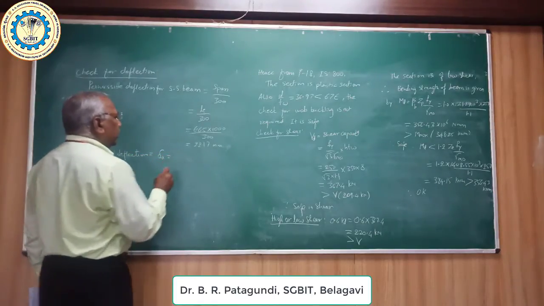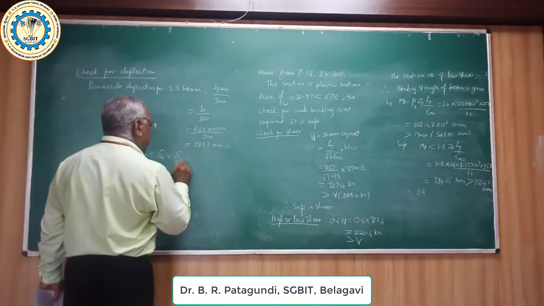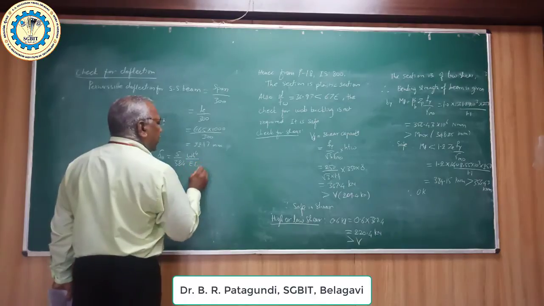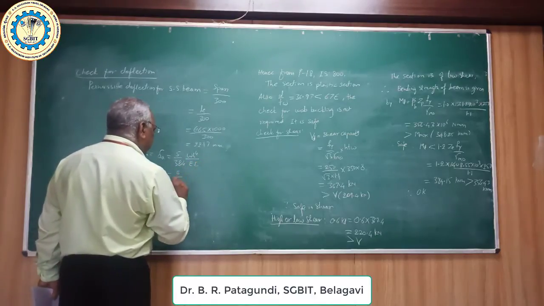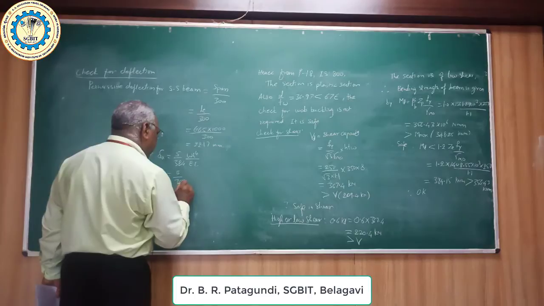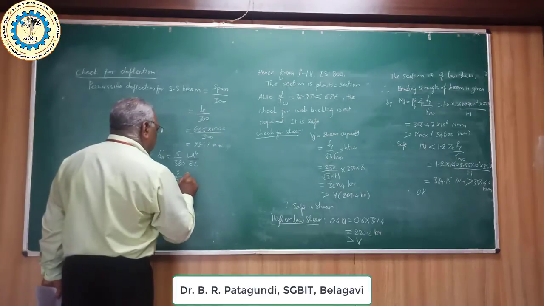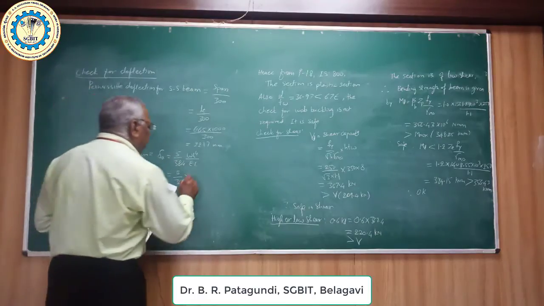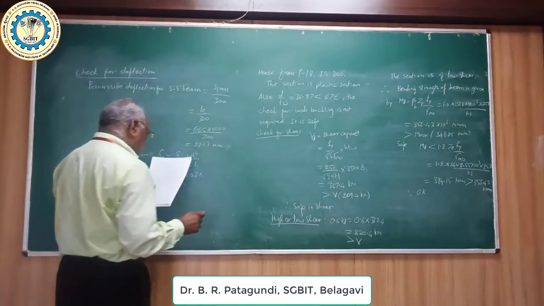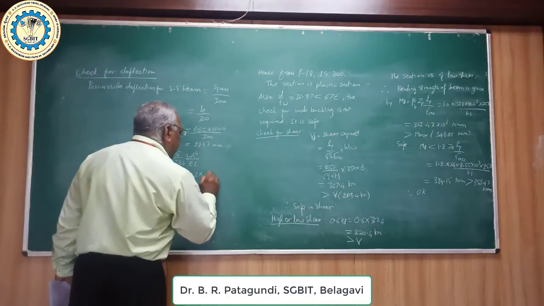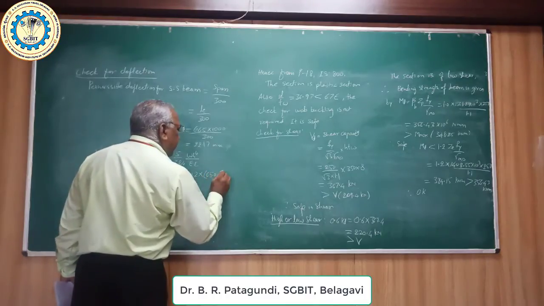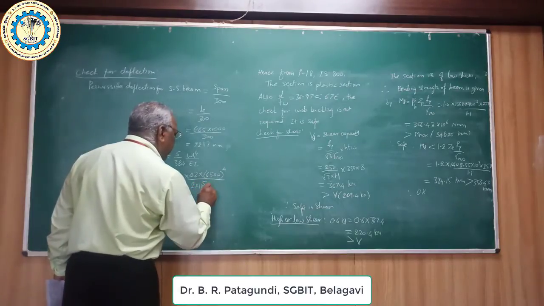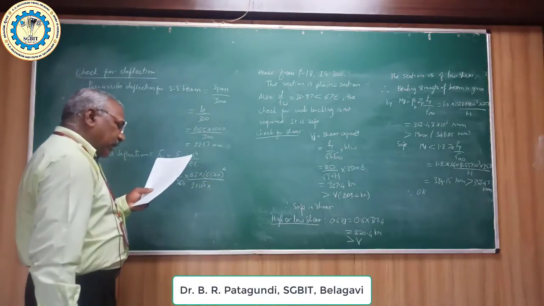delta A equal to 5 by 384 into WL4 divided by EI. So this is equal to 5 by 384 into W, the working load. So the working load is 42 Newton per mm into clear span 6500 millimeters raised to 4 divided by E. E is 2 into 10 raised to 5 Newton per mm square.